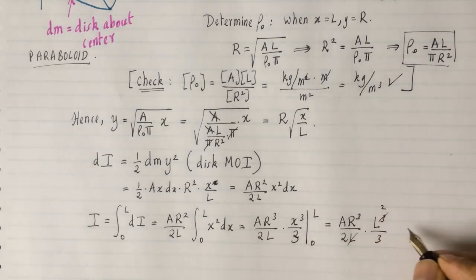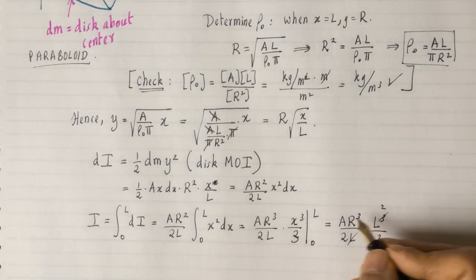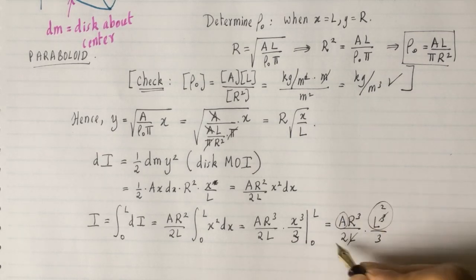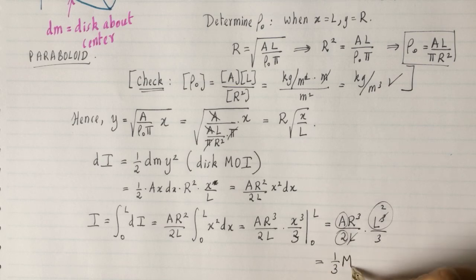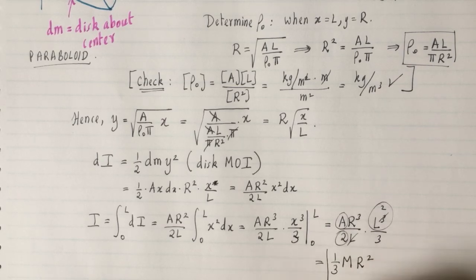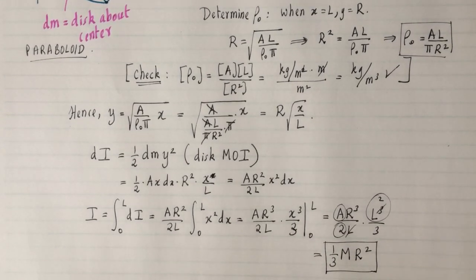That gives me L squared. Now remember, A L squared over 2 is the mass. So that leaves me with 1/3 m r squared. I don't know if that's a standard result for the moment of inertia of a paraboloid, because it's usually not listed in the tables, but there you have it.